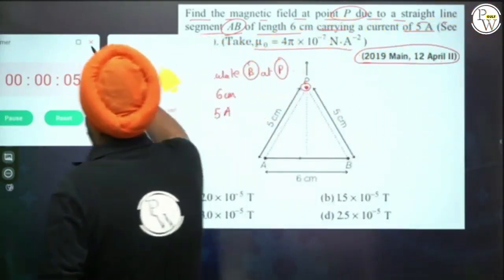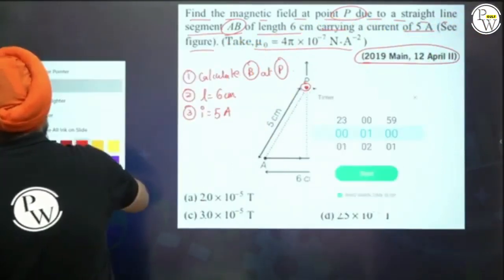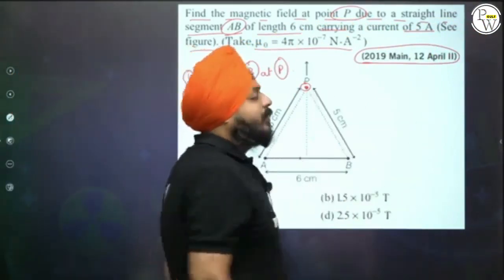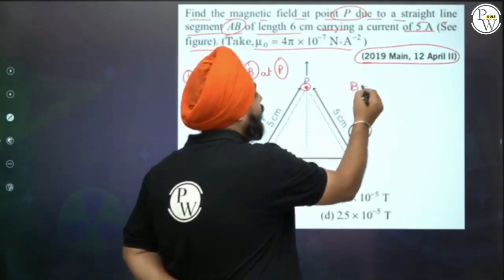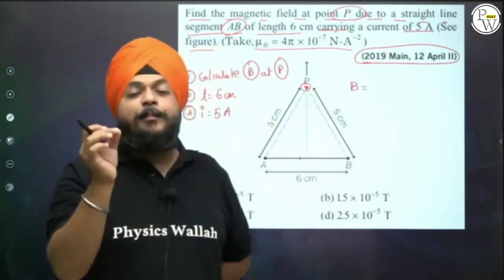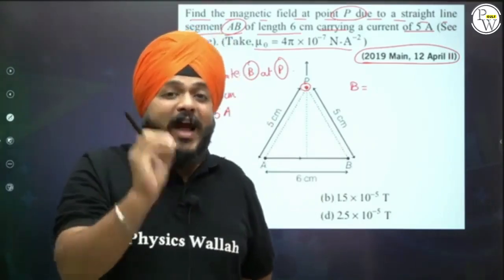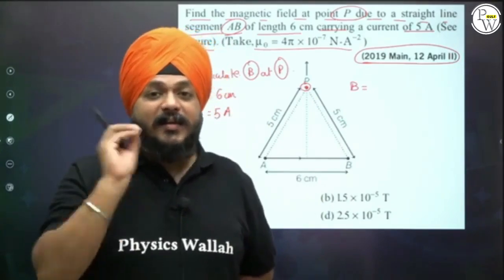One of the most important applications of the Biot-Savart's law is the equation of the magnetic field at a perpendicular distance from a finite length current carrying conductor.